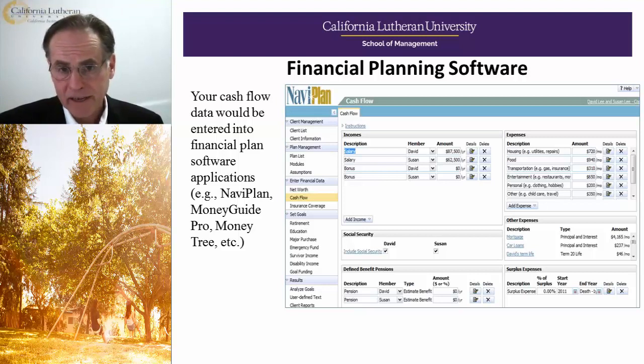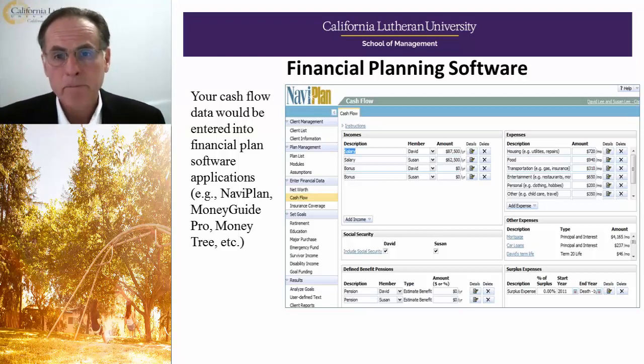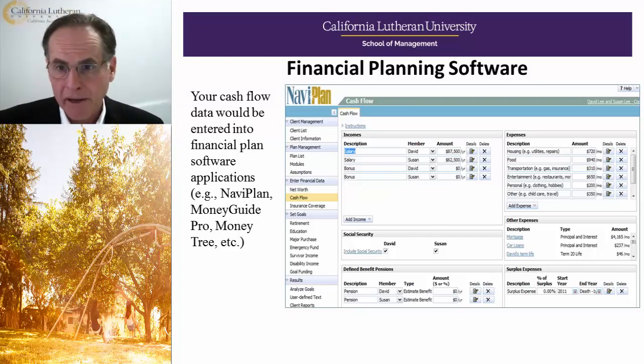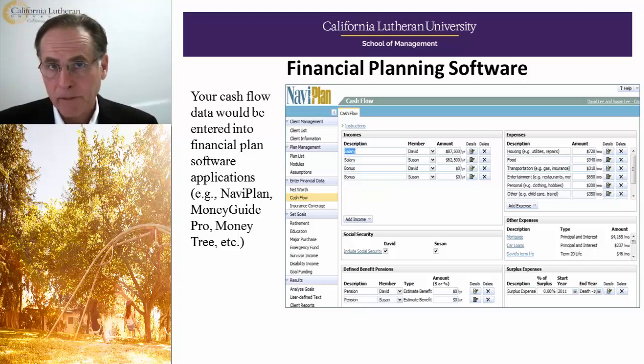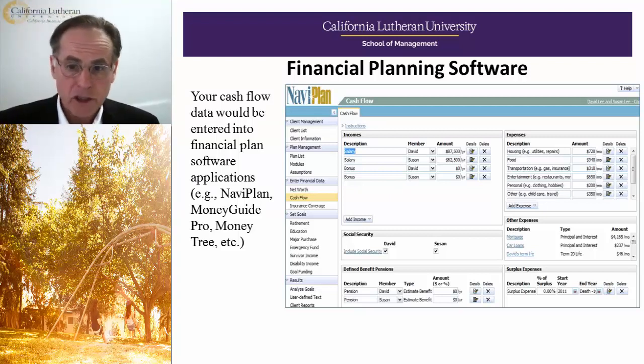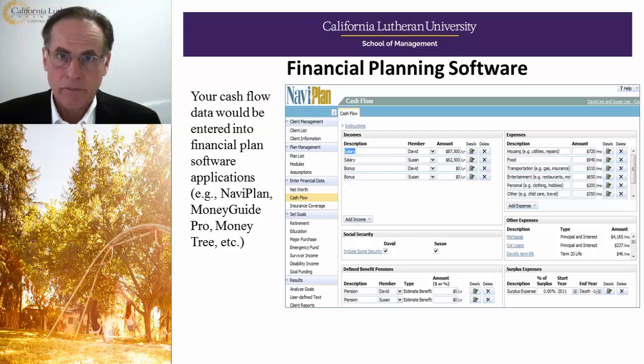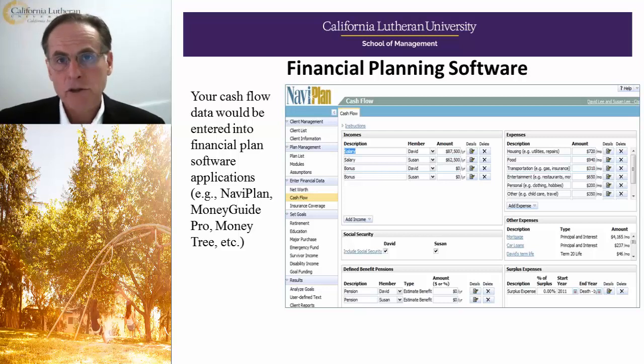You'll be clicking on that detail button, and there's even more items that you fill in. Look at the expenses, the different line items there, how much per month. The mortgage, you would actually be inputting the details of the mortgage into the software, and it would automatically generate the ongoing monthly payment.